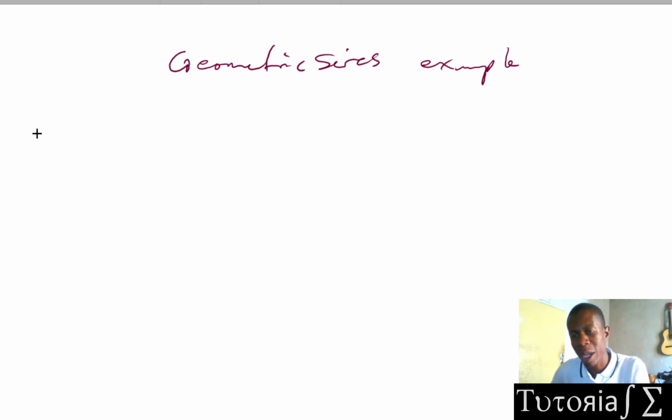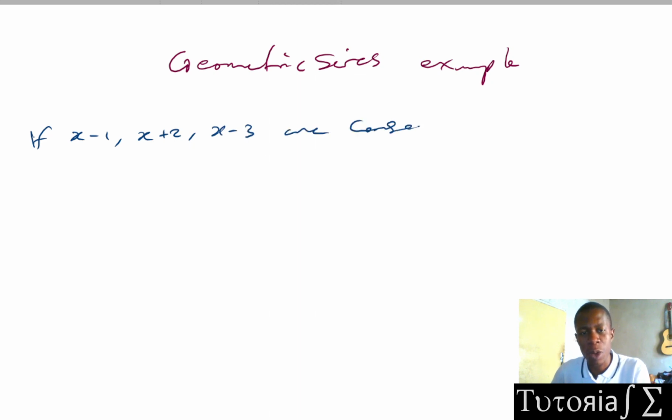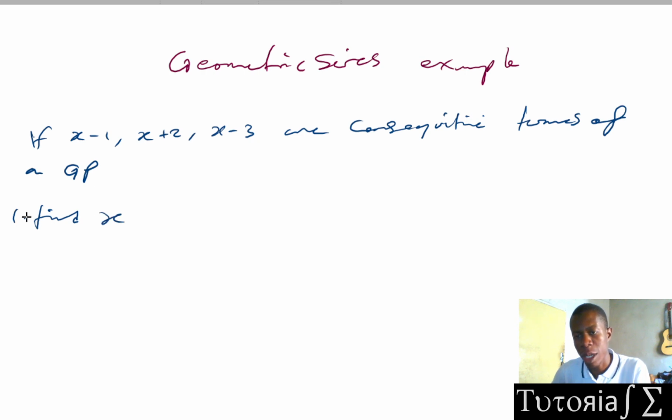So maybe if you are given the question: if x minus 1, x plus 2, x minus 3 are consecutive terms of a GP, which is geometric progression, or GS, which is geometric series, find x. That is question number 1.